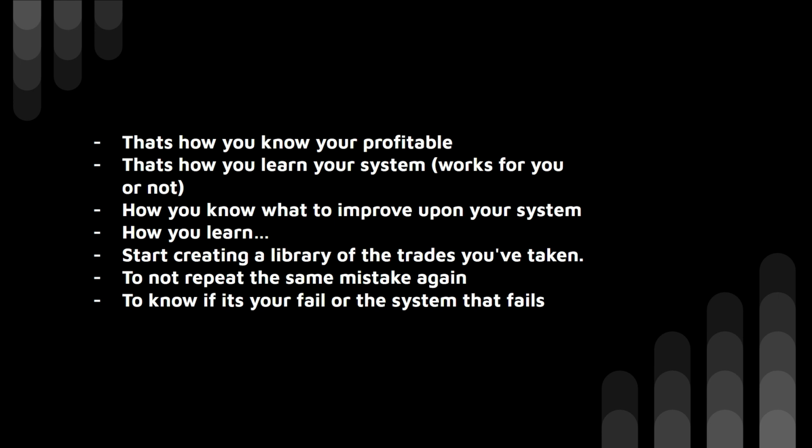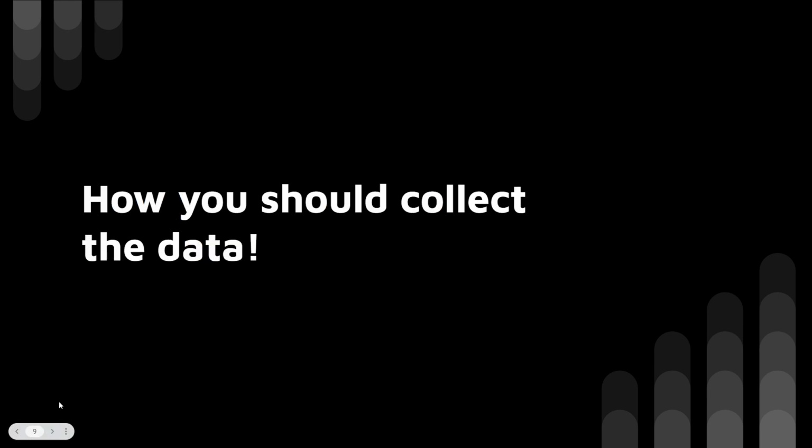And of course, if your data does not come out profitable, but you executed it completely right over a period of time, then it's maybe your system's fault, and then maybe you need to look over your library of the trades you've previously taken, so you can adjust your edge so it becomes profitable. All right, makes total sense.